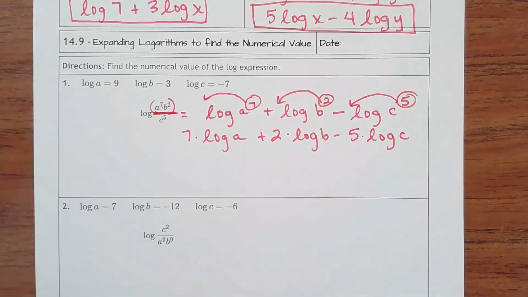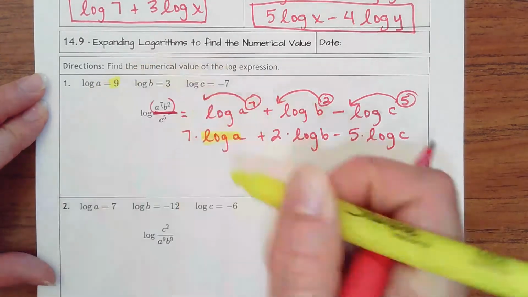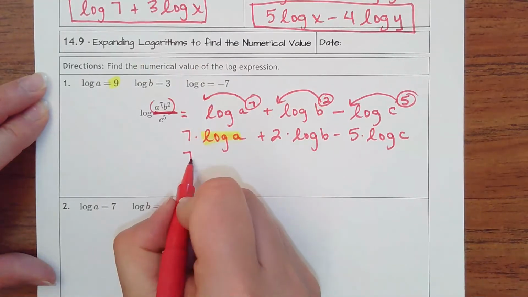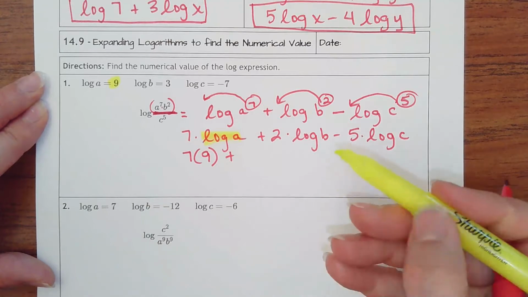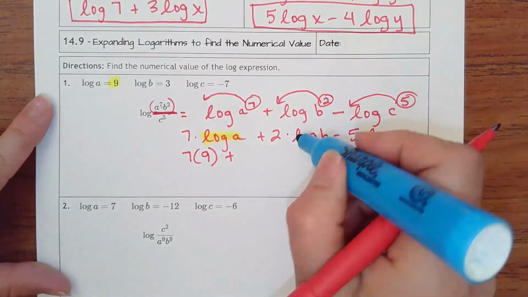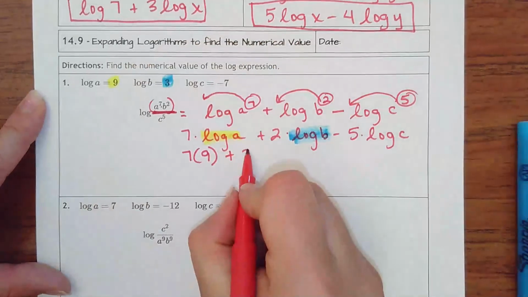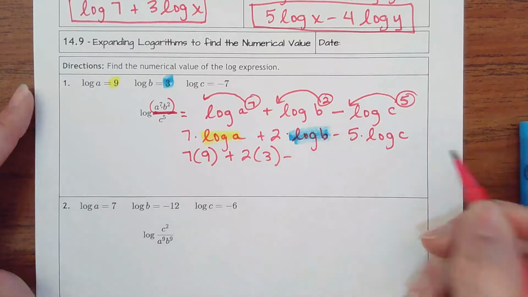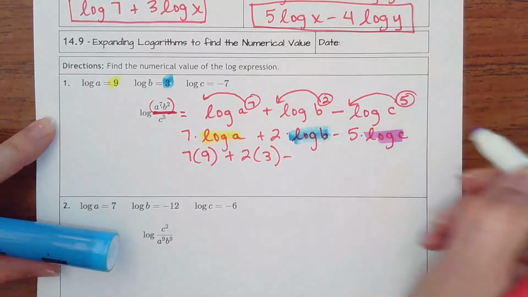And now I can do my substitution. So log of A is really 9. So I'll have 7 times 9 plus log of B, which is 3. So I have 2 times 3 minus log of C is -7.